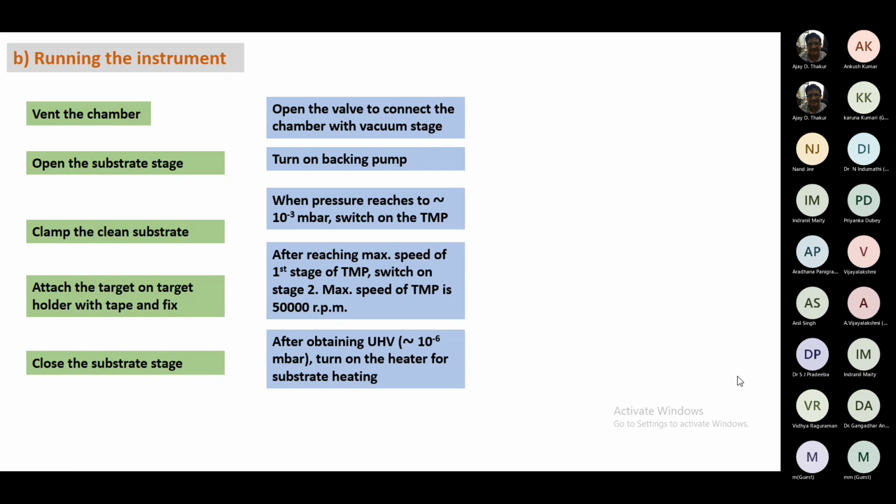Also, you can do it at your will, before some time also we can do that, but it is not good for the longevity of this system.